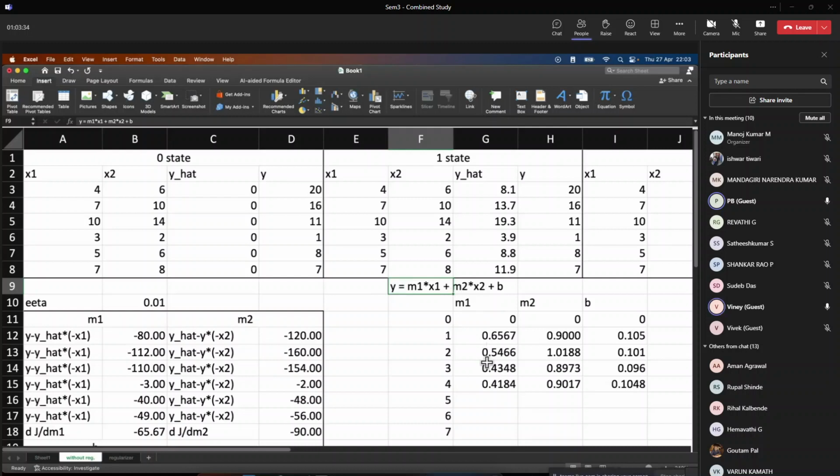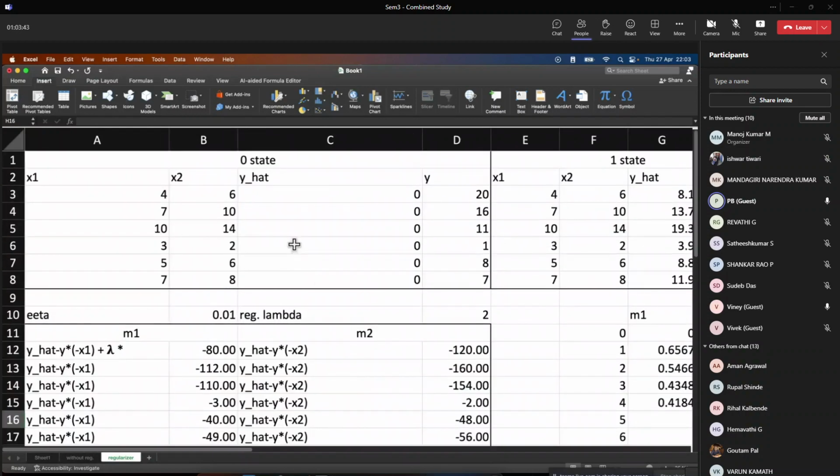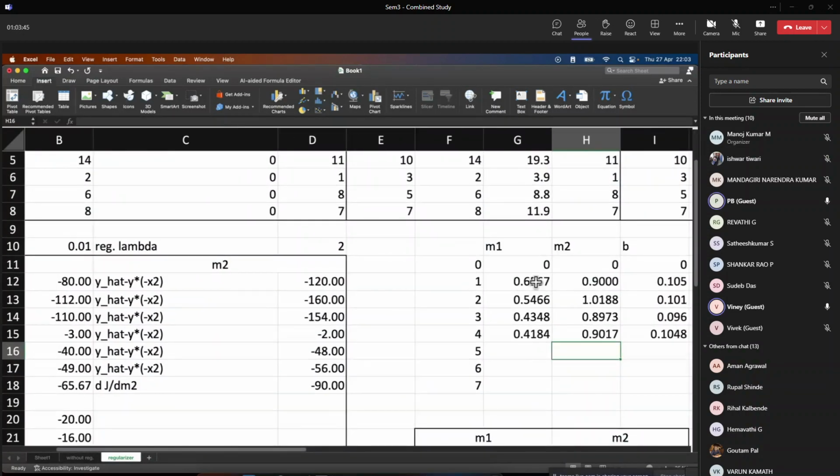And why we will do the regularization is because we need to make it stop. How? See, these values will keep on reducing or keep on increasing.